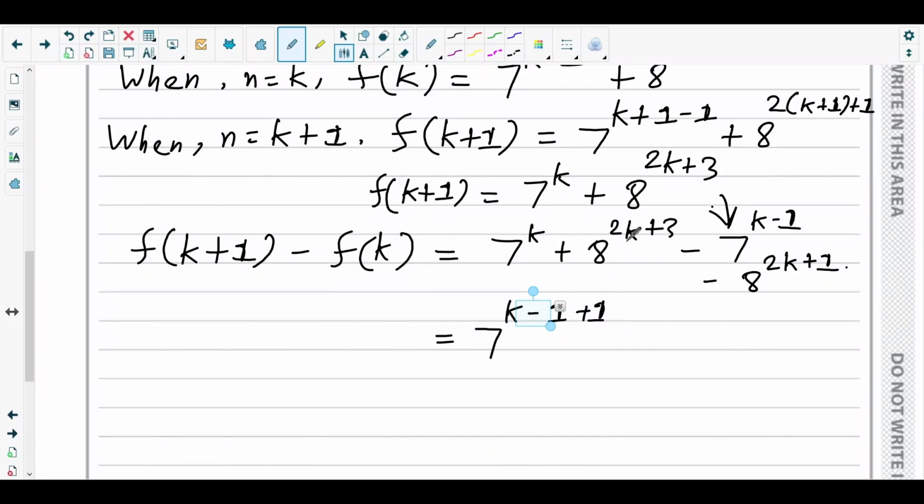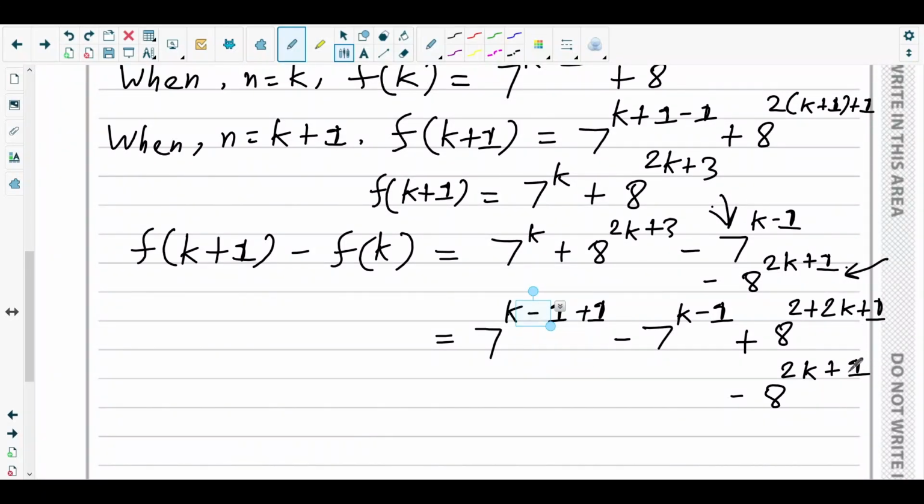And 8 to the power 2k plus 3 can be written as 8 to the power 2 plus 2k plus 1. So it becomes similar to this one. That's why I'm doing this.